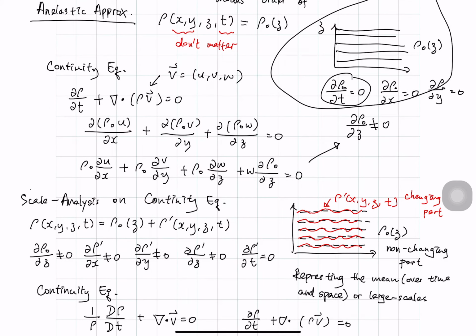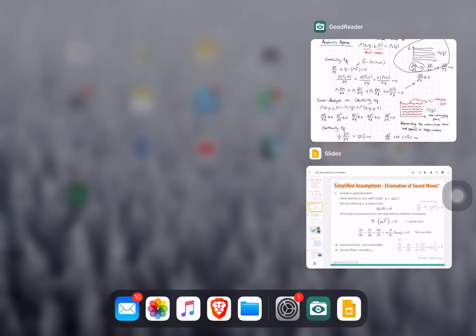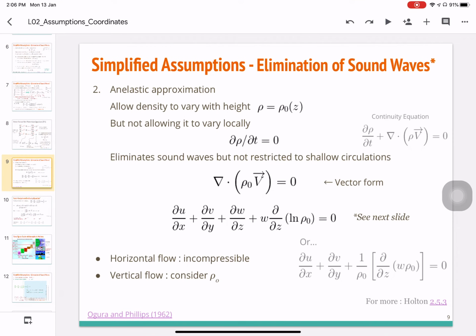If you just look at synoptic scale motion, even if you introduce this rho pi here, they would still be gone, which means that you don't need this. Okay, you only need that for synoptic scale motions. Okay, so this is the rationale behind the scale analysis.